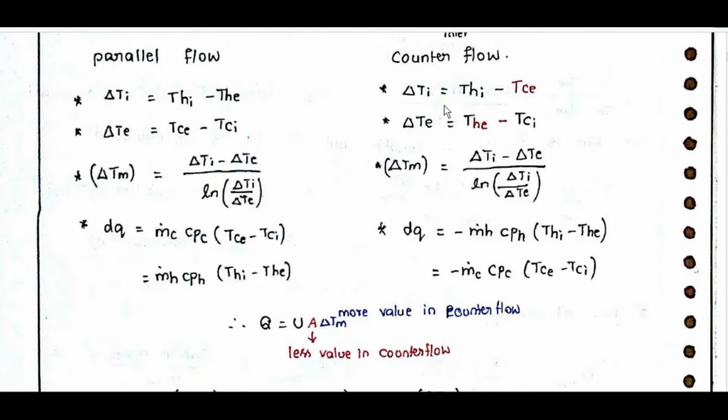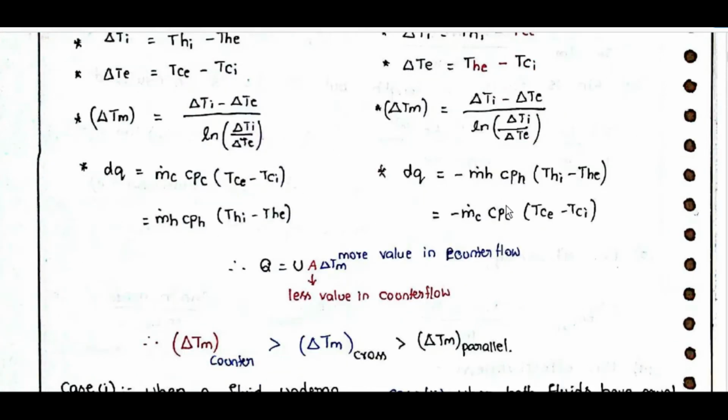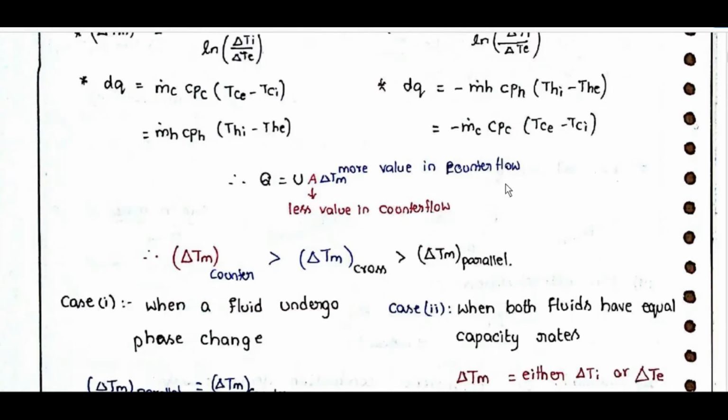Counter flow: delta Ti is equal to Thi minus Tce, delta Te is equal to The minus Tci. Delta Tm is equal to (delta Ti minus delta Te) by ln of (delta Ti by delta Te). dq is equal to minus mh dot Cph (Thi minus The), which is equal to minus mc dot Cpc into (Tce minus Tci).